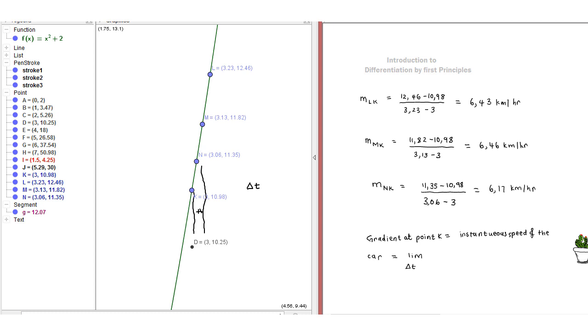So we are using the limit language, tending to 0, of the function delta x by delta t.